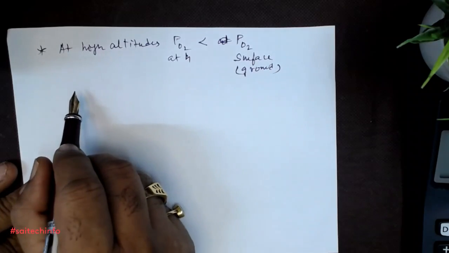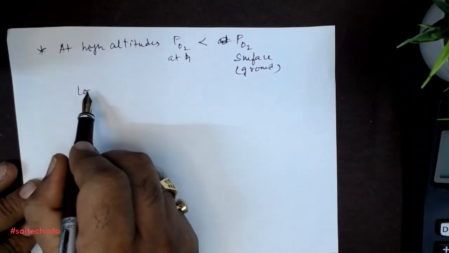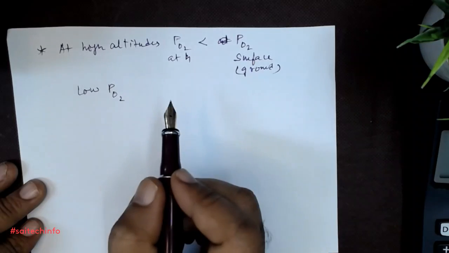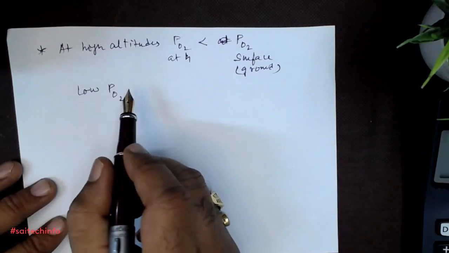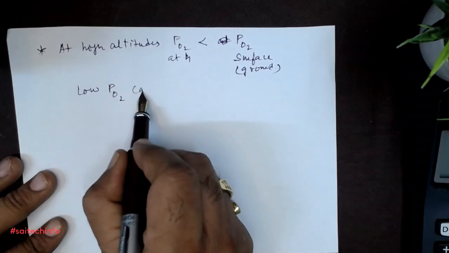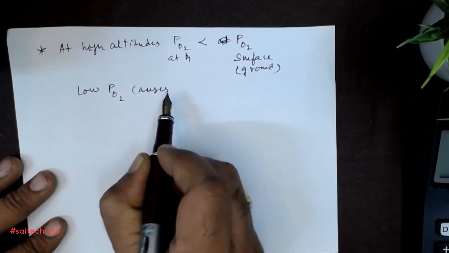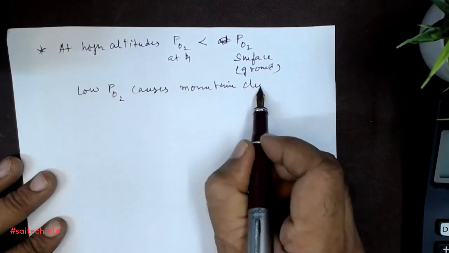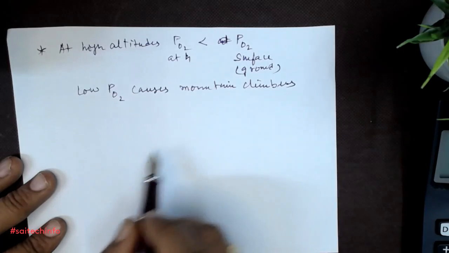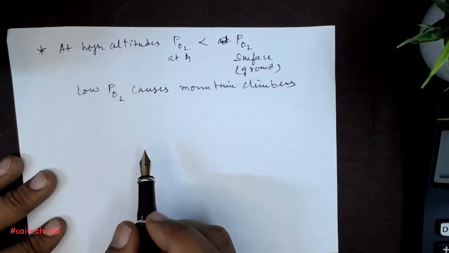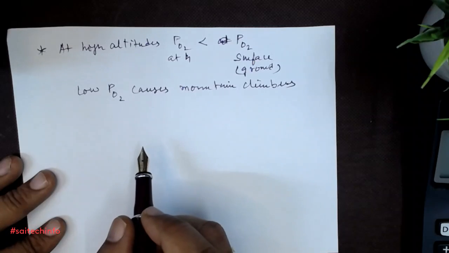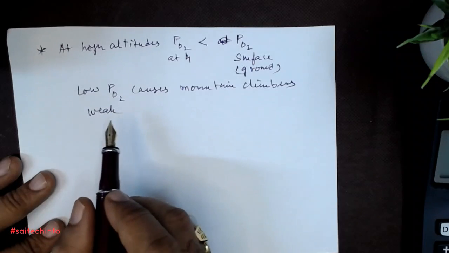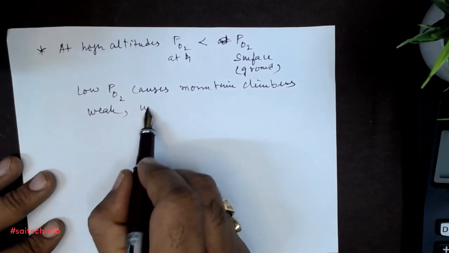So in that case, this low pressure of oxygen causes mountain climbers to become very weak and unable to think.